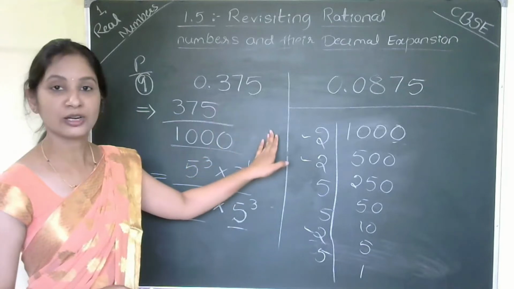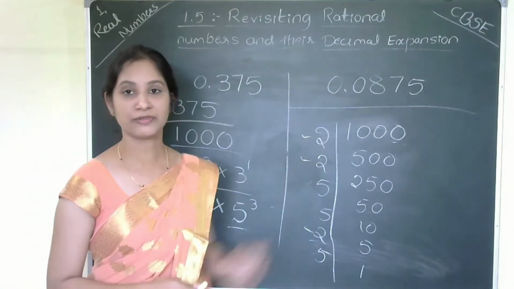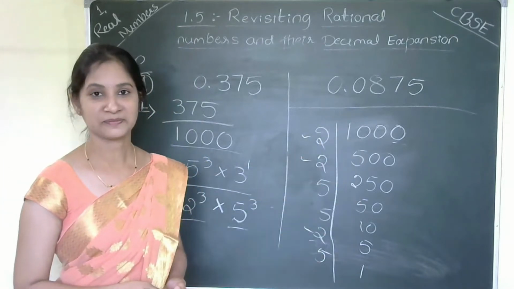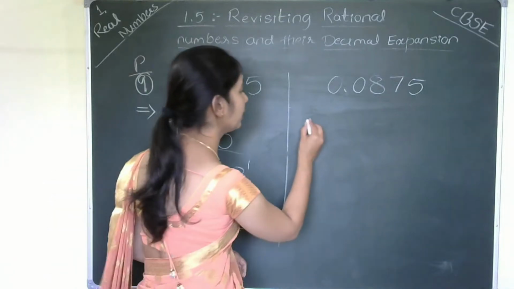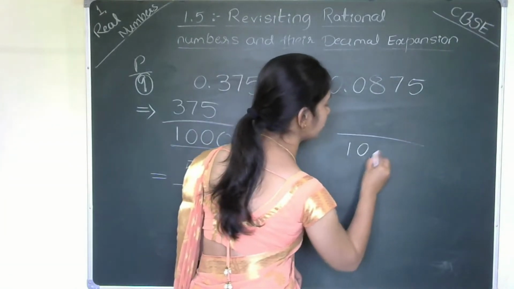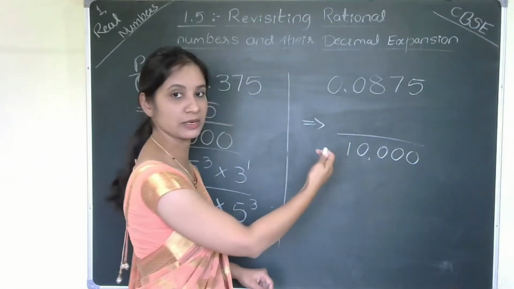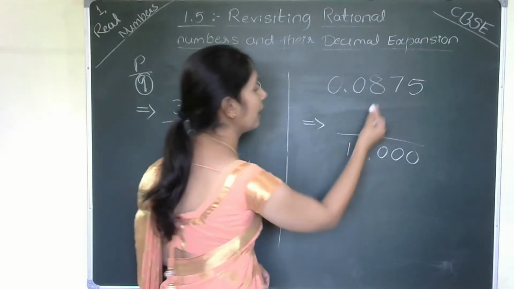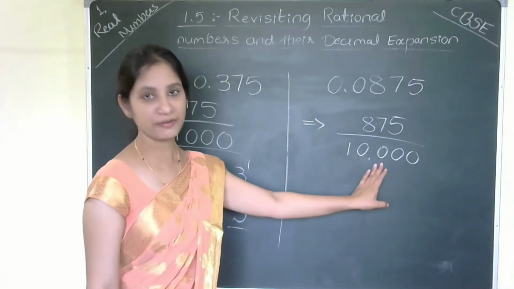We can conclude by taking one more problem, 0.0875, that we can discuss here. For 0.0875, how can I write the fractional form? Yes, in the denominator it is 10,000 because there are 4 digits after the decimal place. So 4 zeros and the number 875. This is the fractional form.